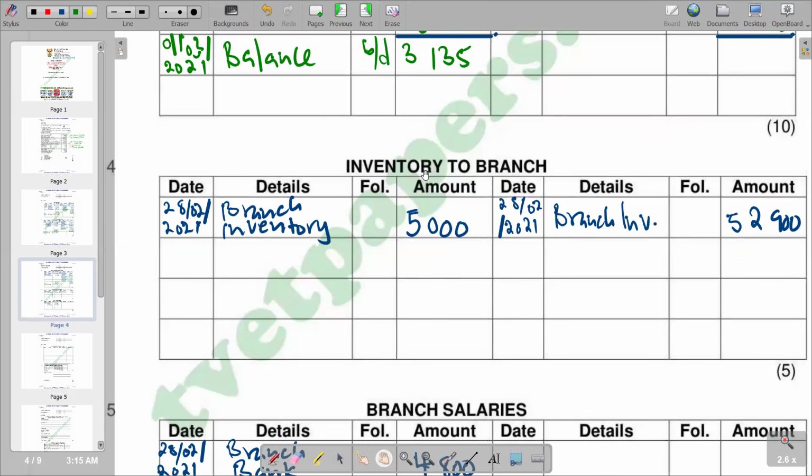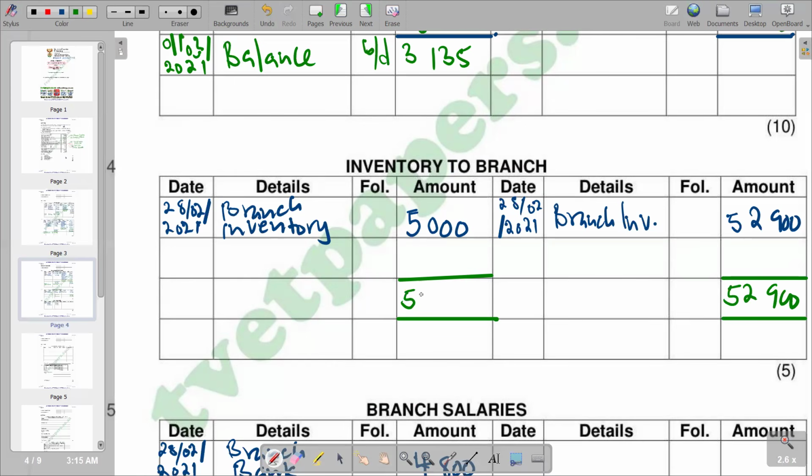We've got inventory to branch. On inventory to branch, the balancing figure is supposed to be transferred to the head office trading account. So we can start by putting our double lines. If you add there, you'll see that the debit side is the one with the greater total, 52,900.